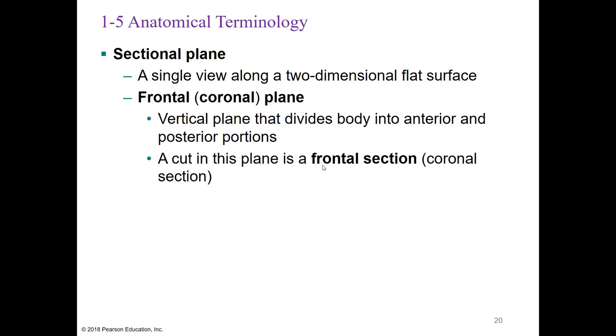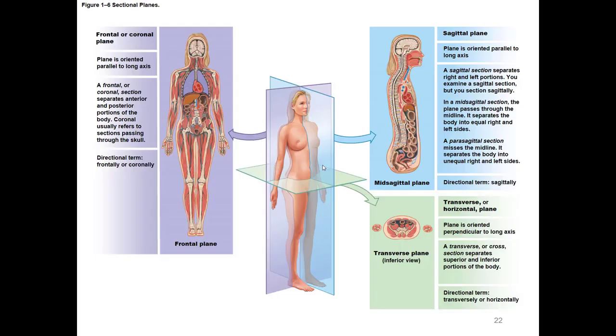So a frontal or coronal plane is a vertical plane that will divide the body into a front and back, or anterior and posterior. So let's take a look at that. In this image, this purple rectangle represents a frontal plane.